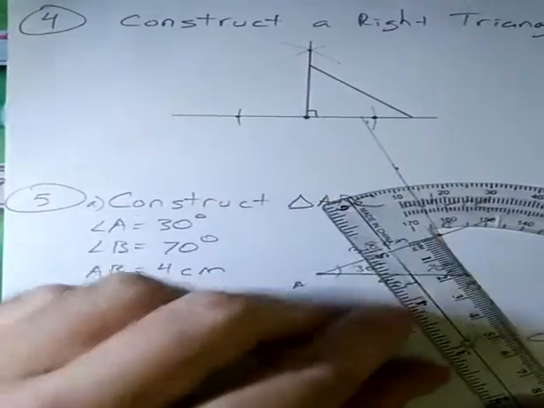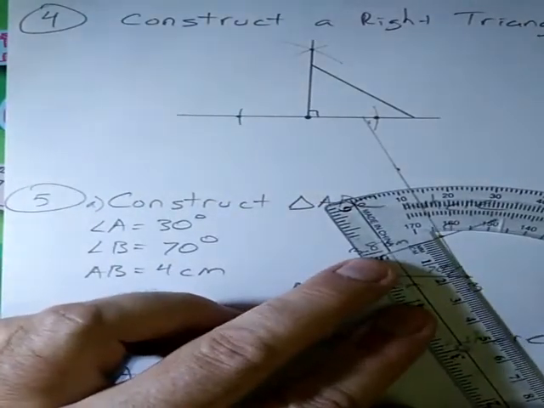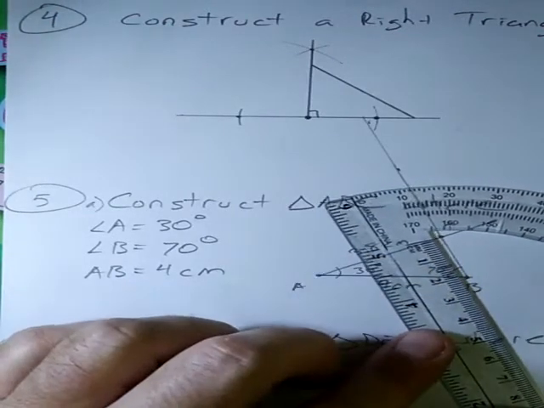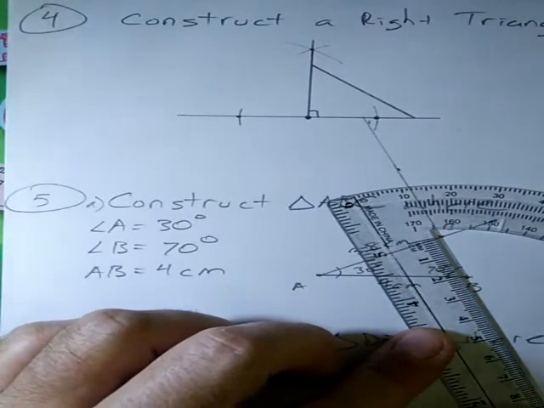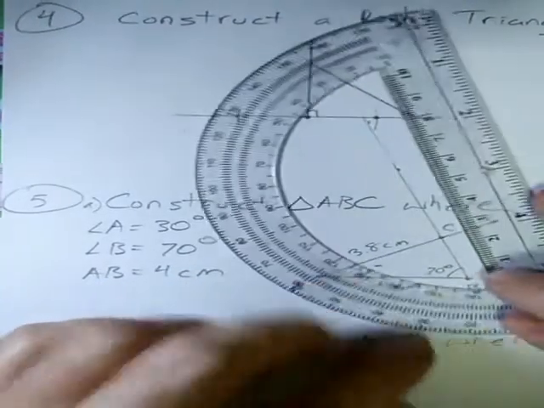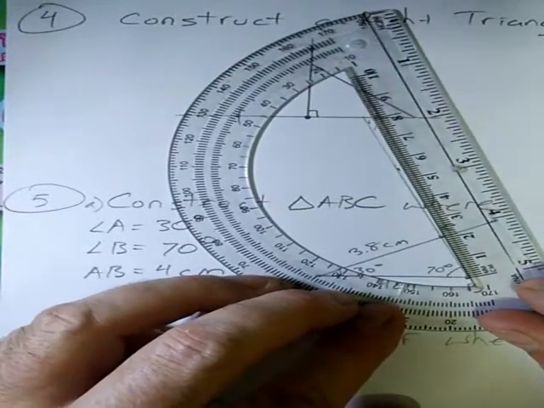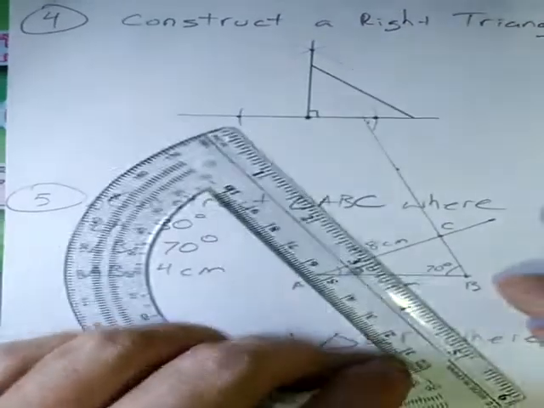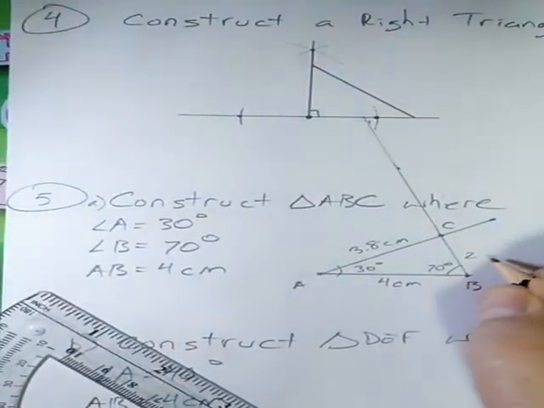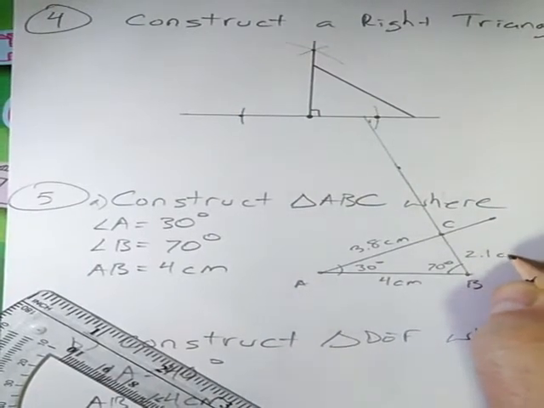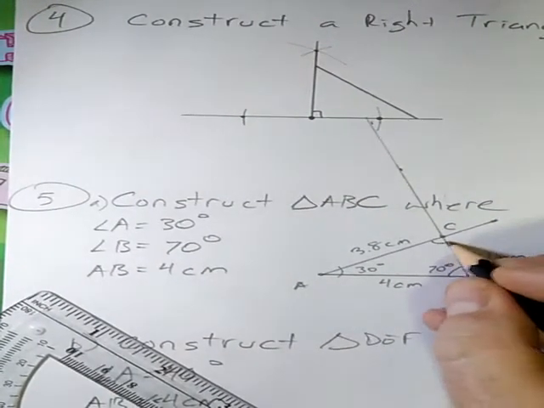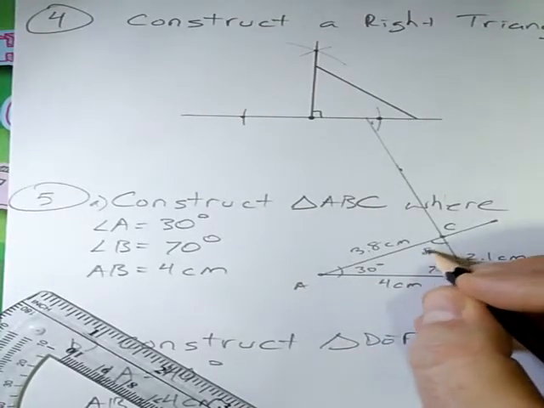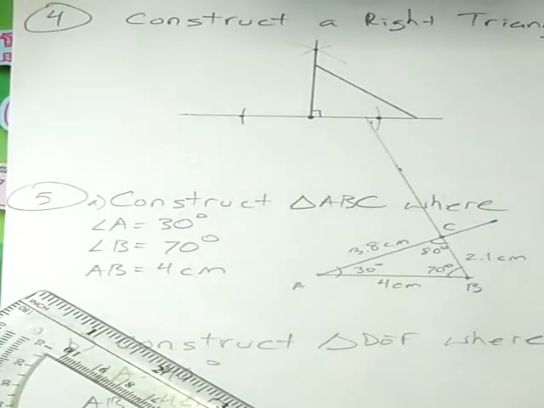And then CB, if I measure CB, it looks like it is about 2, let's try it this way, 2.1 or so. 2 or 2.1 centimeters. And then I can also fill in this angle because I know that the sum of all these angles will be 180. So this angle C should be 80 degrees. So I've labeled all the sides and all the angles.